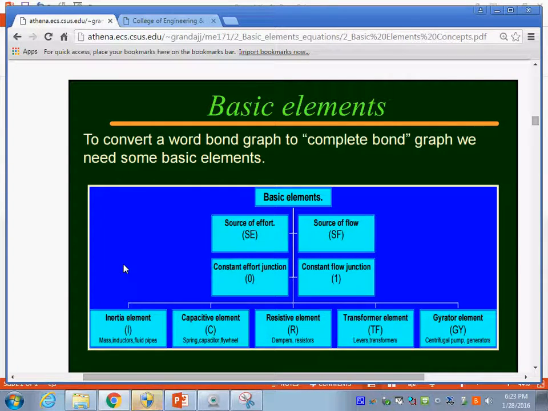You have an inertia element, which is for elements that store the kinetic energy. You have the C elements or capacitive elements, which store the energy, for springs or so.